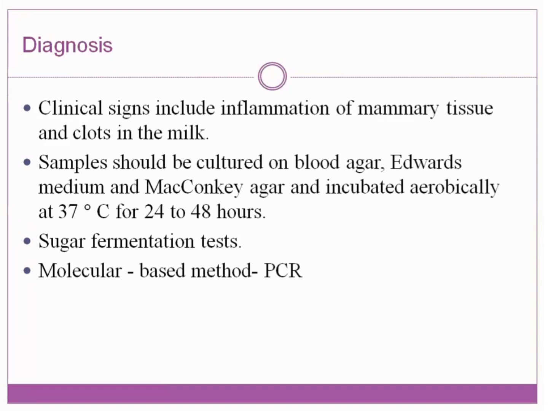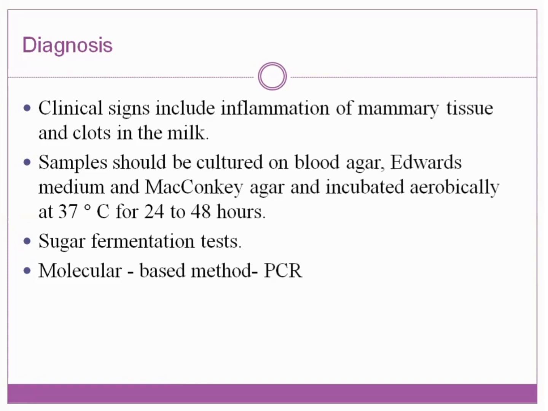On Edwards media, only Streptococcus species grow. The last one is MacConkey agar, on which only gram negative bacteria can grow; gram positive bacteria do not grow on MacConkey agar.